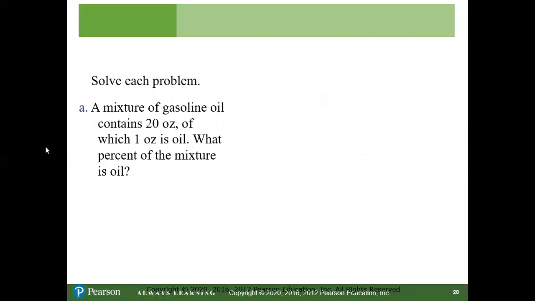All right. So this is pretty neat. A mixture of gasoline and oil contains 20 ounces, of which 1 ounce is oil. What percent of the mixture is oil? For most percentage problems, I use this proportion: is over of is equal to percent over 100. And this is always 100 because it's per 100.